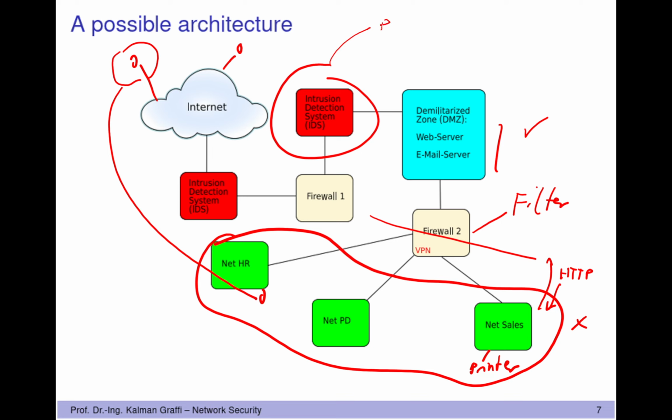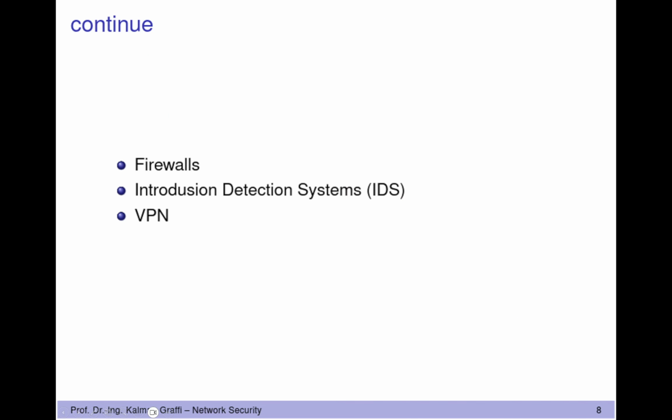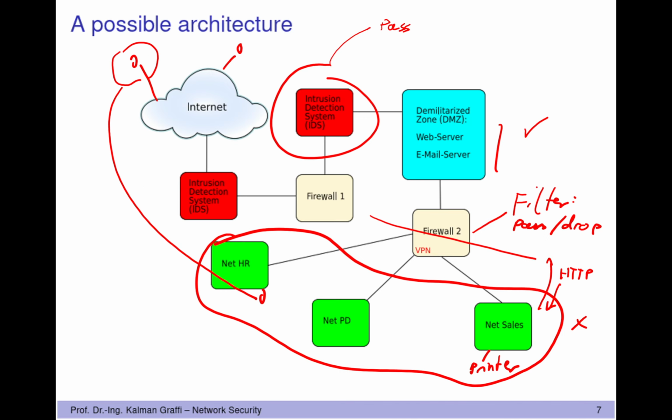The filter is very simple, it's just pass or drop. Here we are also able to pass the message, but we can also raise an alarm to some authorities if we detect in the traffic known signatures, known patterns of attacks.